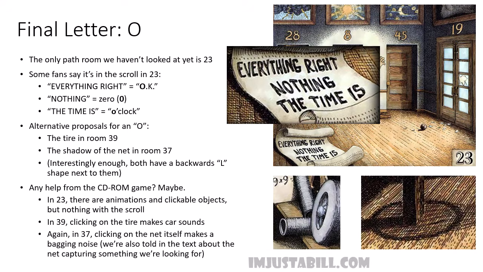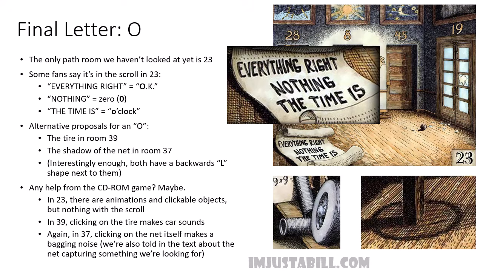What does everything right mean? Well, it means everything is okay. Nothing, that means 0. The time is, well, another way to say that is o'clock. So okay, a 0, and o'clock. What do all these things have in common? A circle, a letter O or 0, and therefore that is the letter O.